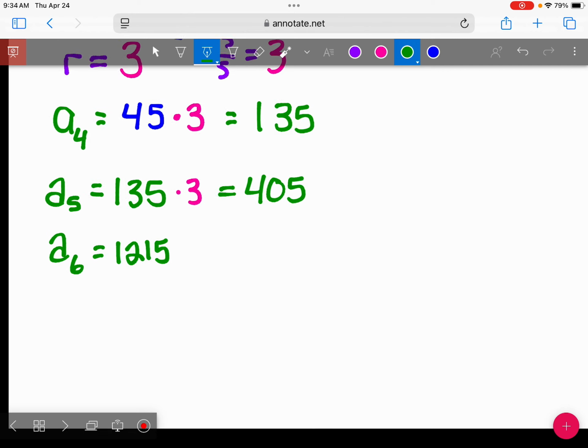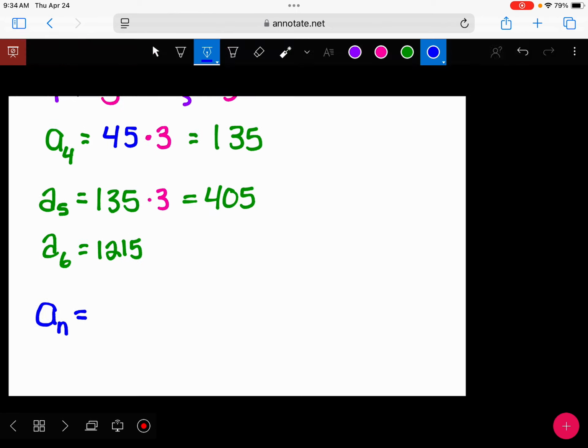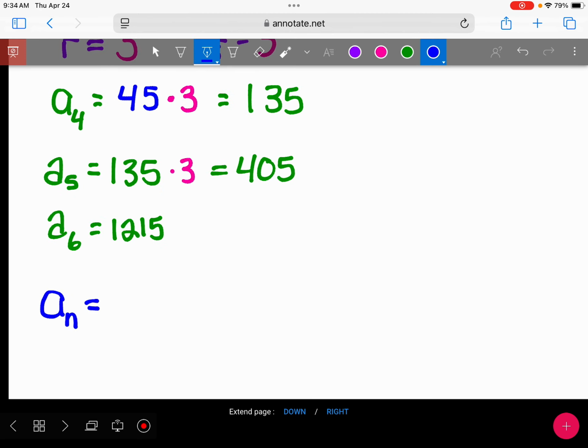So could we figure out our generic, our a sub n? Because maybe I want to find a sub 30, or a sub 50, or a sub 100. So our a sub n, our generic formula, I'll bring it in from the other page.